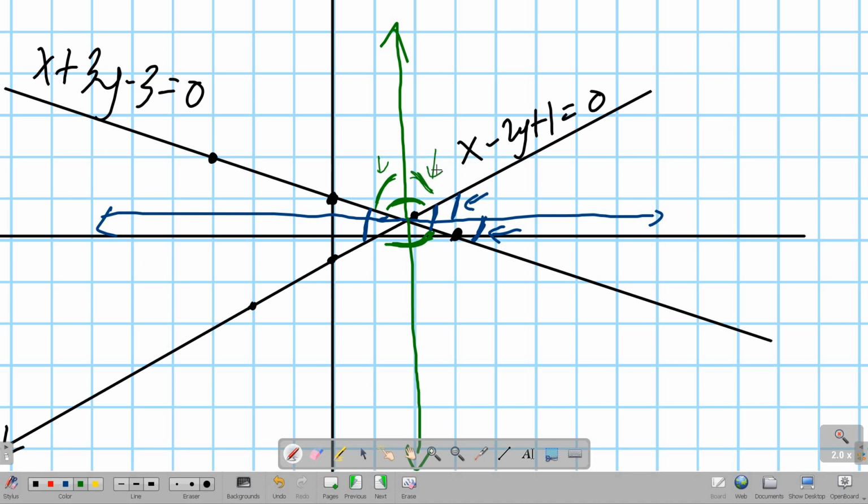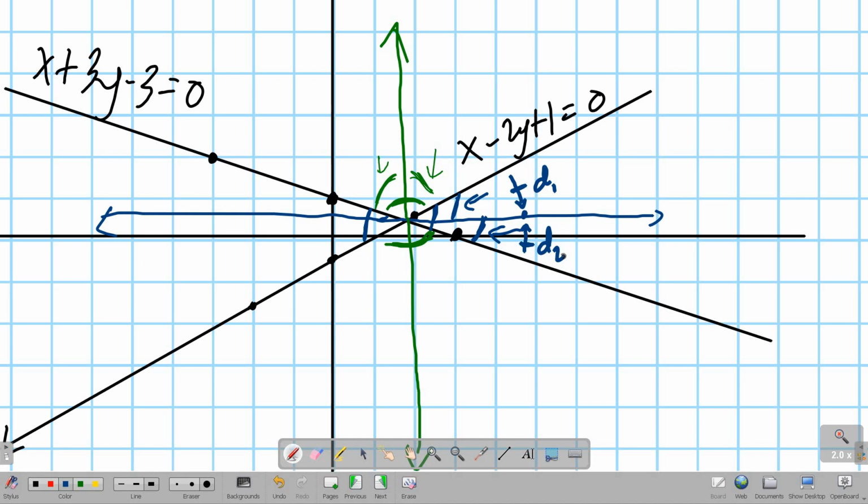Now, what is the connection of that to the distance between a point and a line? The connection here is that if this point here is part of an angle bisector, it means this distance, let's name this as d sub 1, is the same as this distance, d sub 2.